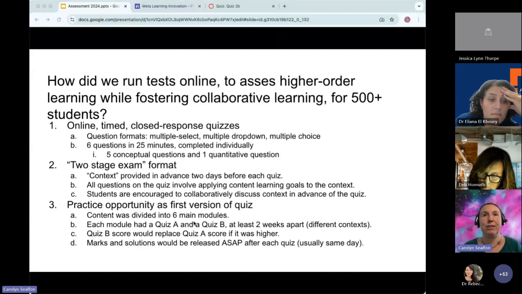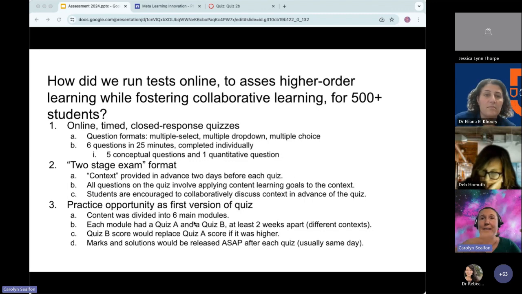And so I tried to do this in this online context where I provided a context in advance and encouraged students to collaboratively discuss it, and said then this quiz will just be 6 questions based on this context. I further tried to embed growth mindset by having a quiz A and a quiz B for each module.